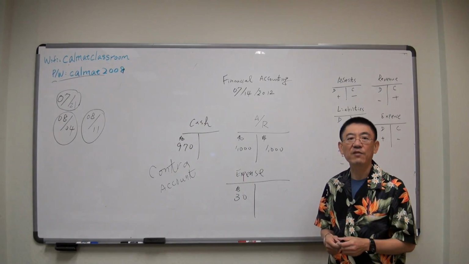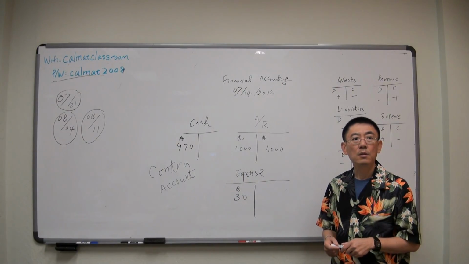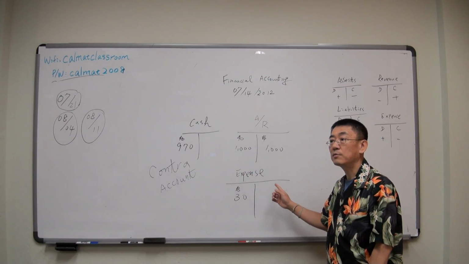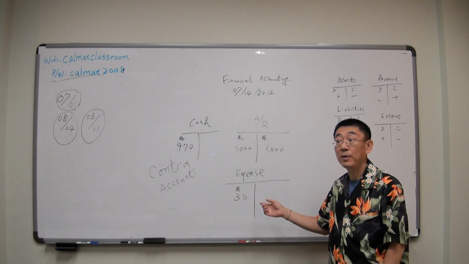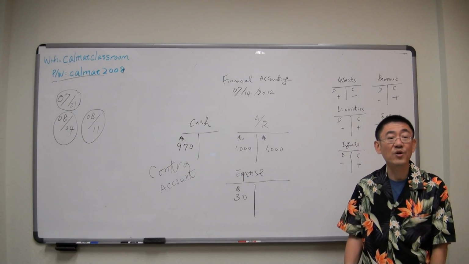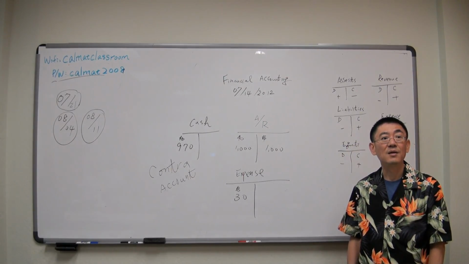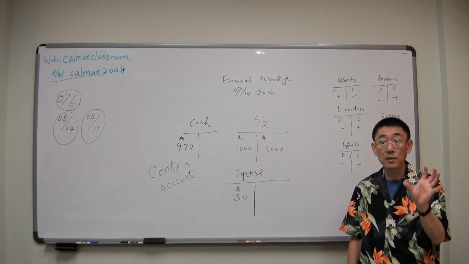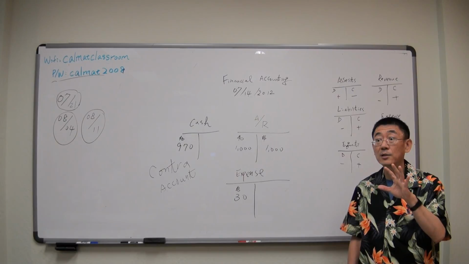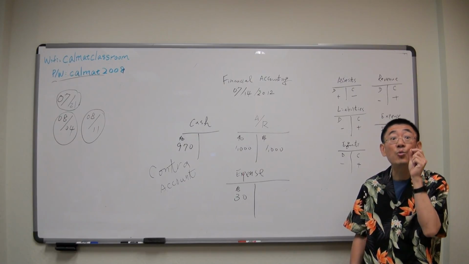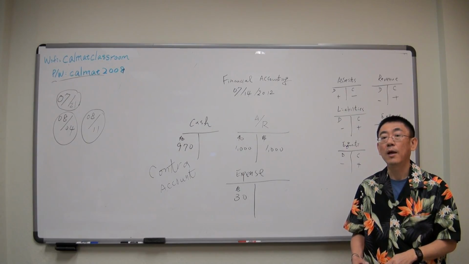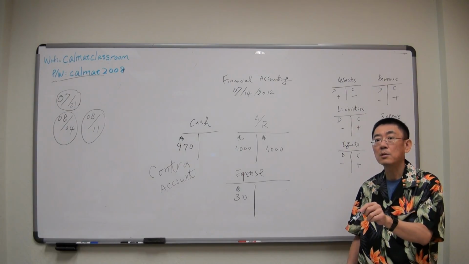Contra account means negative. So option one is treated as expense, but expense is expense, not a revenue account. Another way is to treat this $30 as a revenue account, but negative revenue. And in our book we choose this way.